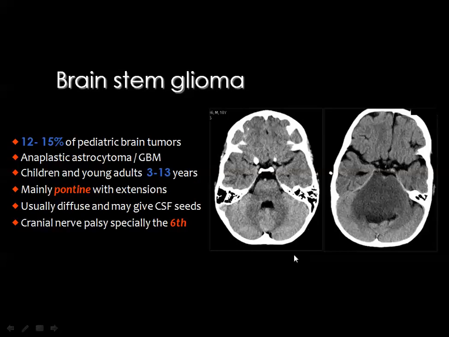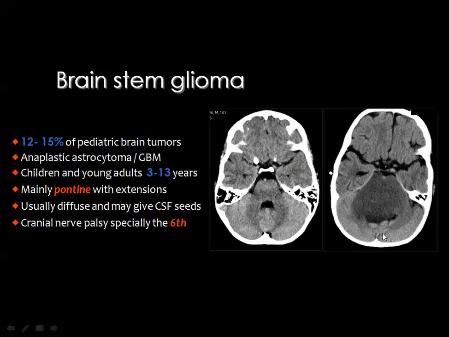And whenever the brainstem is infiltrated by the tumor, the brainstem is markedly enlarged, and you got flattening of the anterior aspect of the fourth ventricle, which is displaced posteriorly, and consequently you get supratentorial obstructive hydrocephalus.